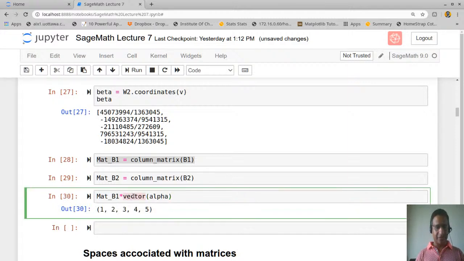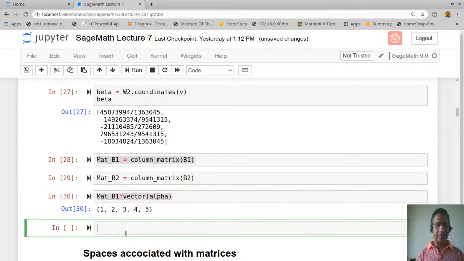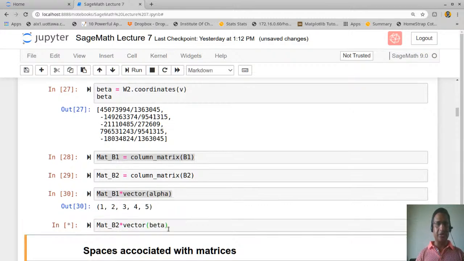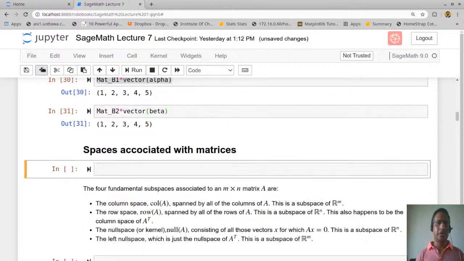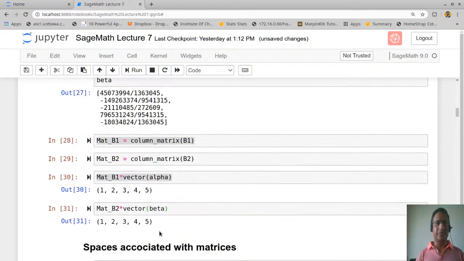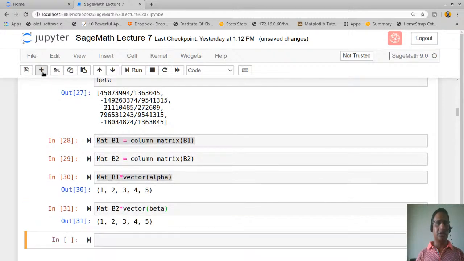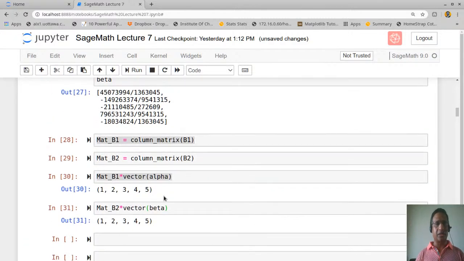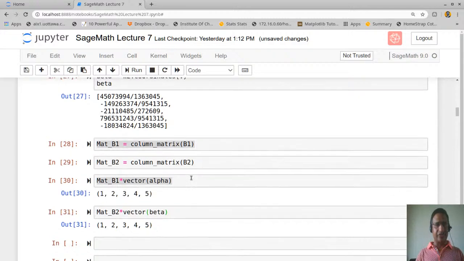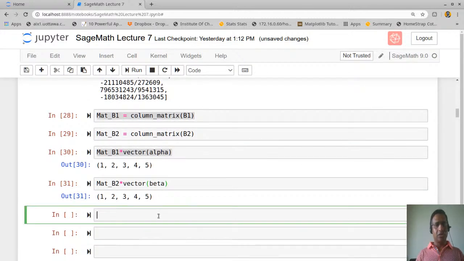Similarly, if I say mat b2 times beta, that should also be v, right? So we have now, v is equal to mat b1 times alpha, which is same as mat b2 times beta. Therefore what will be beta?